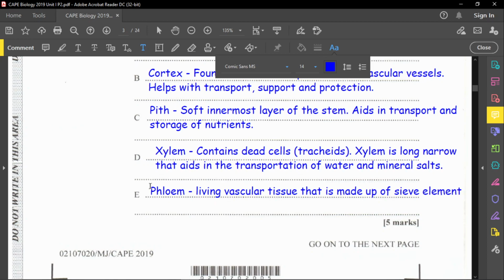It is made up of a sieve element, which contains the sieve tube, the sieve plate, and the companion cell. We also have parenchyma and sclerenchyma, just to make a note of that. That's why it's living.